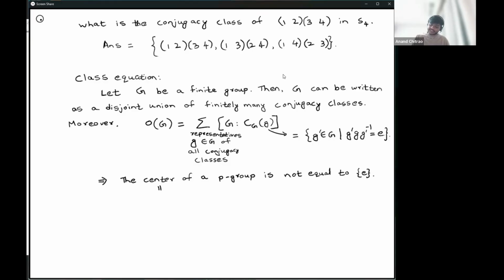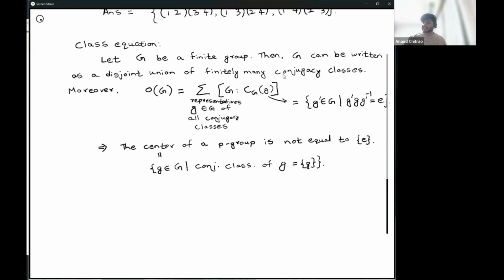So center means the set of all g in capital G such that the conjugacy class of g equals the singleton {g}. You'll see this later in your life, and how to use this later.